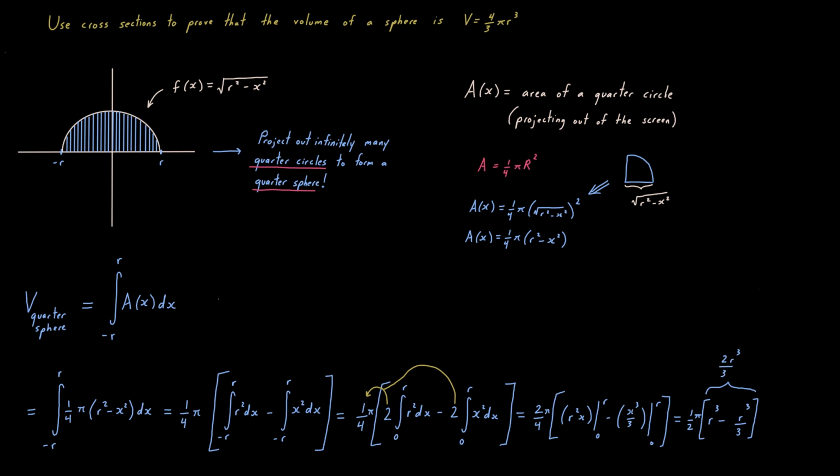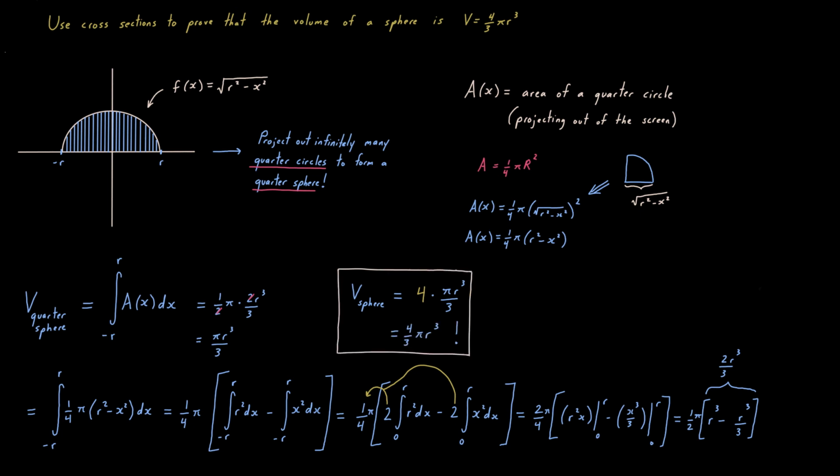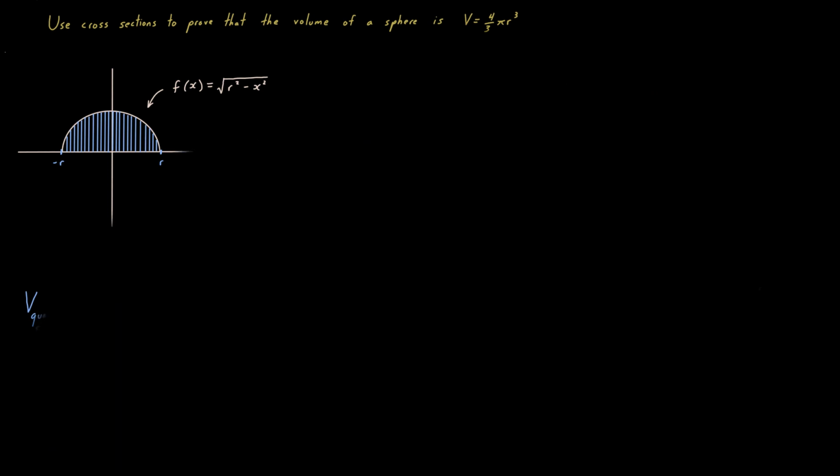There we go. That bracketed term is 2/3 r cubed. And that is the volume of a quarter sphere. So the volume of a full sphere is going to be 4 times that guy, and voila, ladies and gents, 4/3 pi r cubed. Very beautiful stuff. Very different from revolutions, but ends up being the same thing. So quite nice, quite nice.